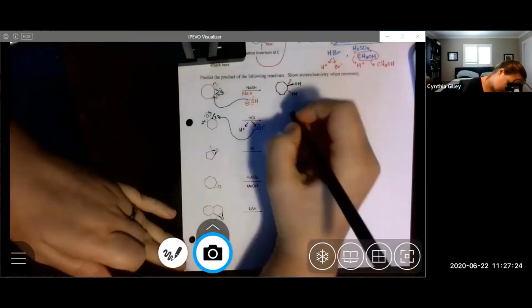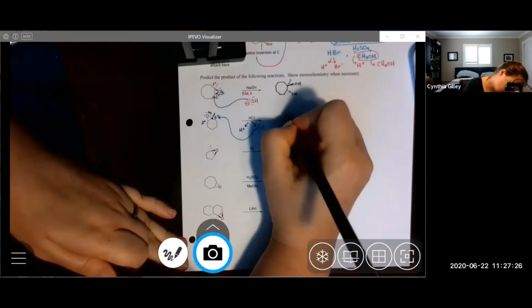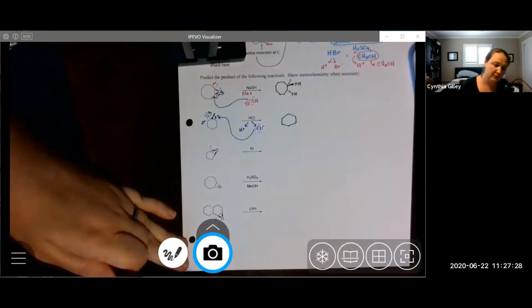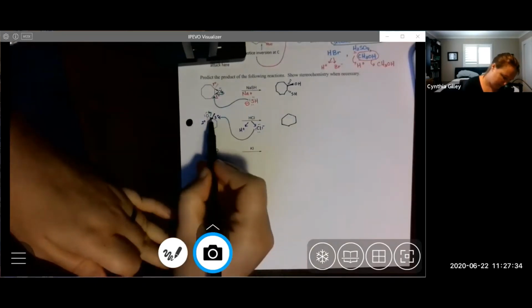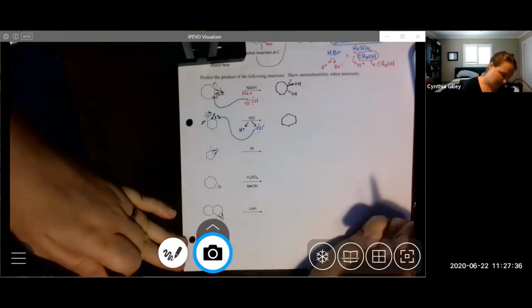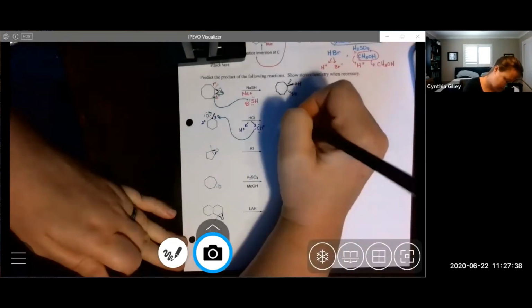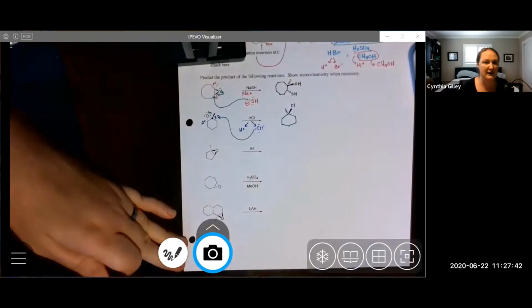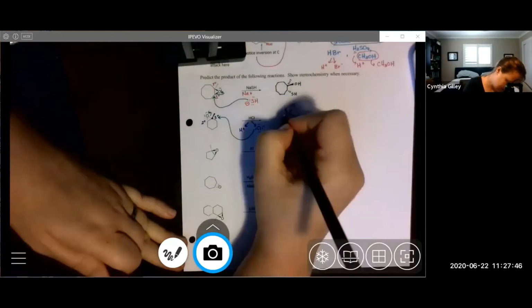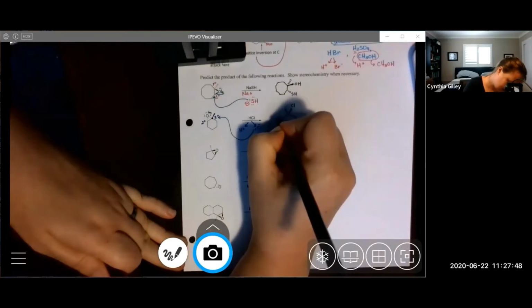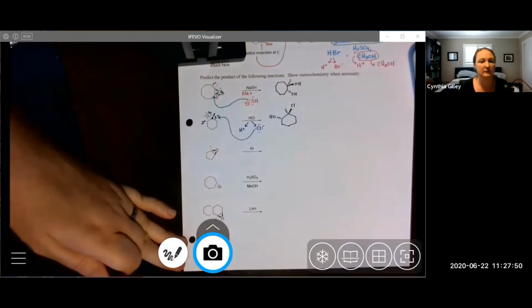We have a 6-membered ring. We're going to be doing inversion, so the chlorine ends up opposite the leaving group. The chlorine ends up on the wedge, and that pushes the methyl back. So there's that inversion of that stereocenter. The other carbon does not get attacked, so it does not invert.